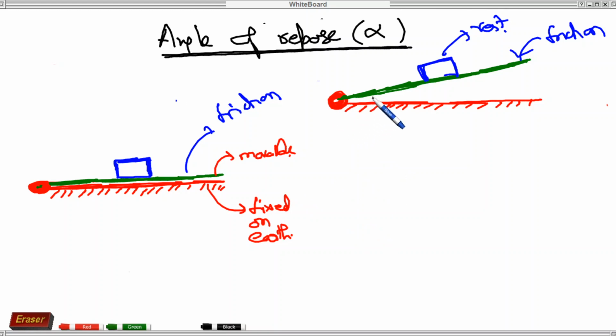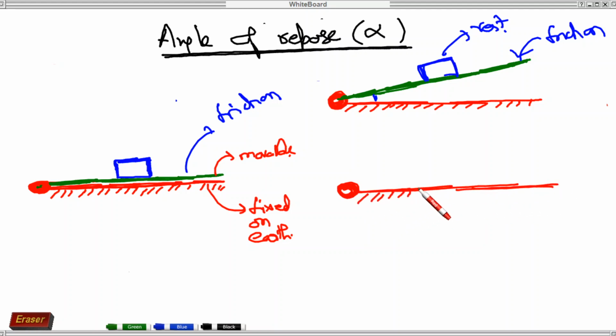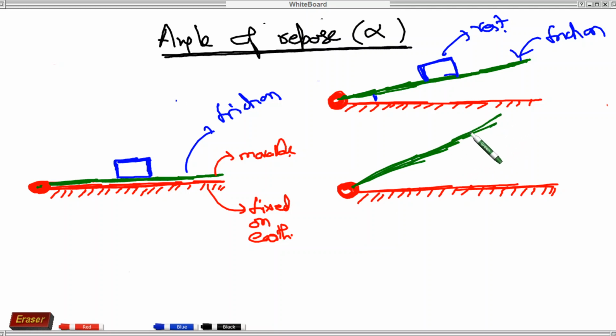Now I increased this angle a bit more. Now this is that angle. Let me draw it first.